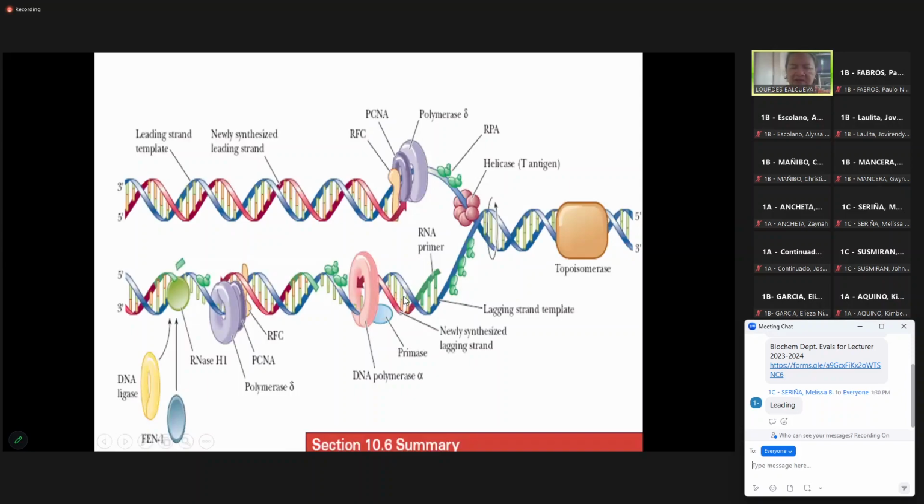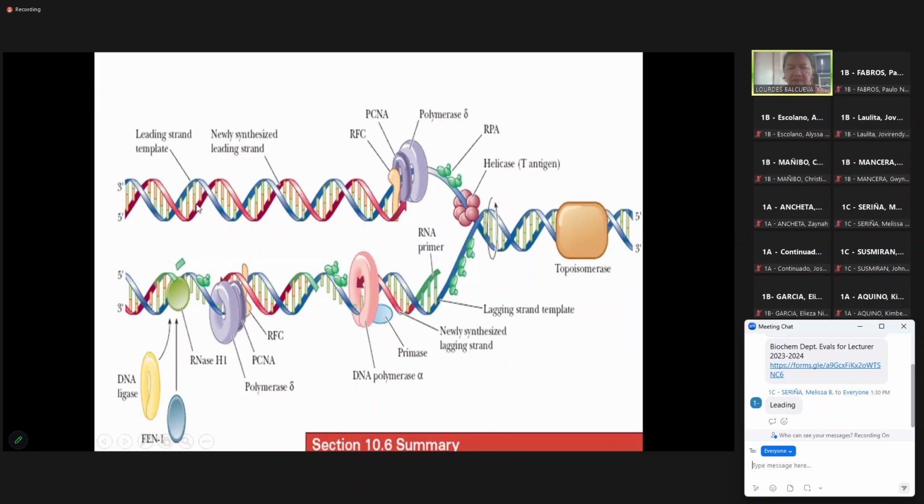So RNAs and DNAs. RNAs muna, siguro mga 10 to 20 RNAs. And then the other enzyme for initiation would be your polymerase alpha, which will now synthesize the first DNA molecules.